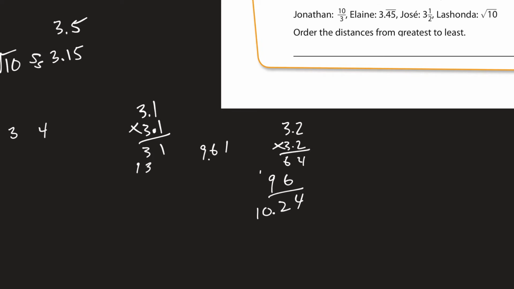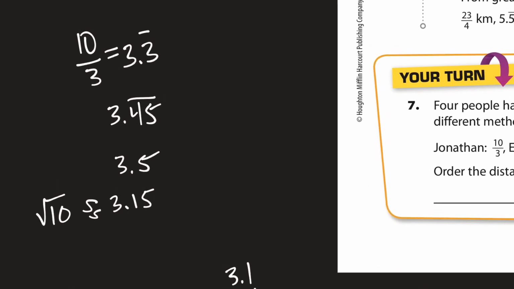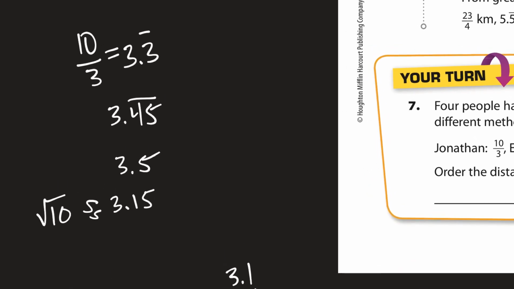Okay, so what's the smallest? The smallest is going to be the square root of 10, right? Then 3.3 repeating is the next smallest, because 3 compares to 4 compares to 5. So that's 10 thirds.